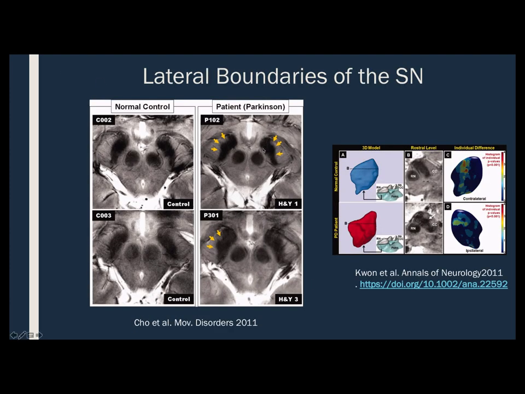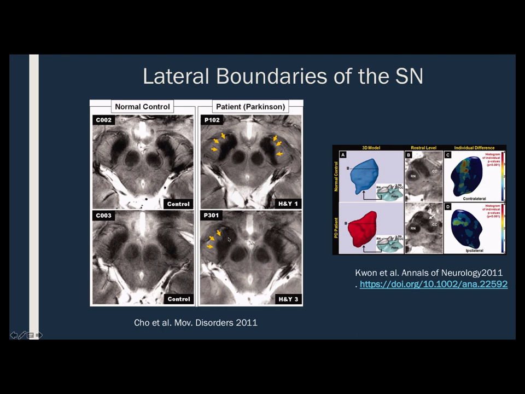So this is also data that is several years old. This is from a group in Korea, and this is from the same group, where they consistently find that the shape of the substantia nigra loses its smoothness on the side in the patients. This is at 7 Tesla with GRE, for example.